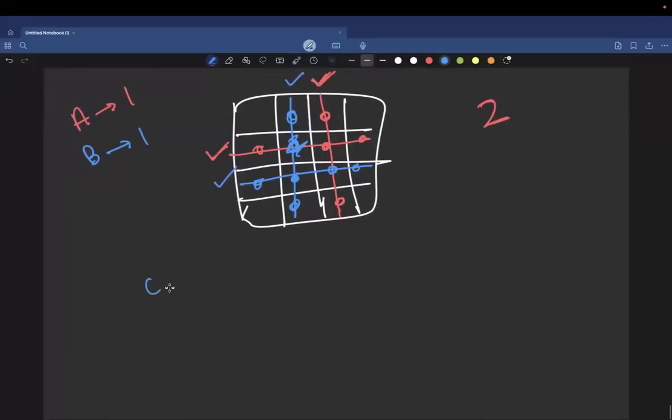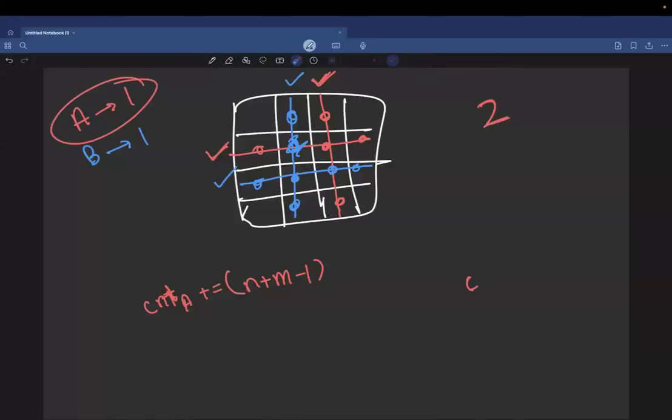So can I say that if CNTA was the number of cells which Alice had already acquired, that thing would increment by n plus m minus 1, that is the total number of cells in the same row and the same column, and the cells which Alice had previously acquired, Alice had made one move, so you would have got one intersection in the same row and one intersection in the same column.